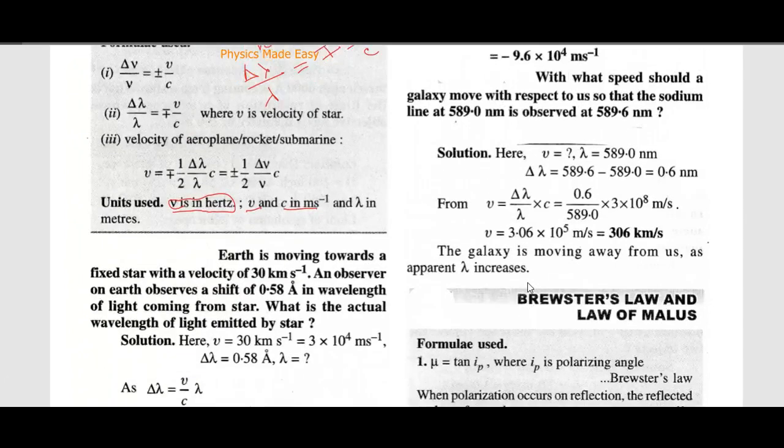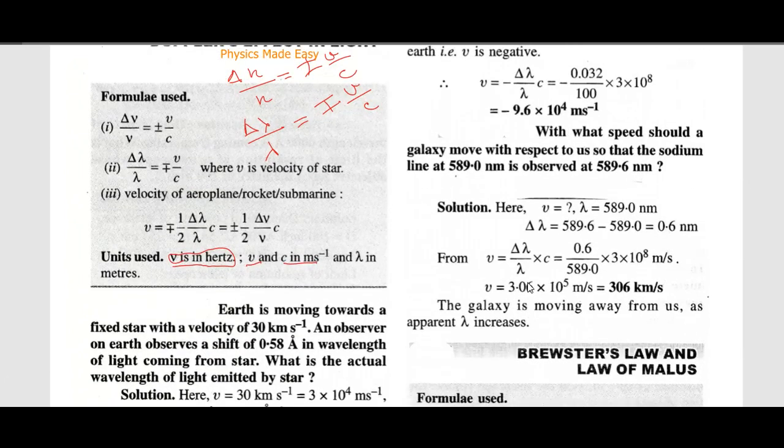When we use a radar, in the velocity of an aeroplane or rocket, the factor half comes. This is to be noticed. If we are talking in terms of stars, then this factor 1 by 2 never figures. This factor 1 by 2 figures only if we are talking about aeroplanes or rockets.